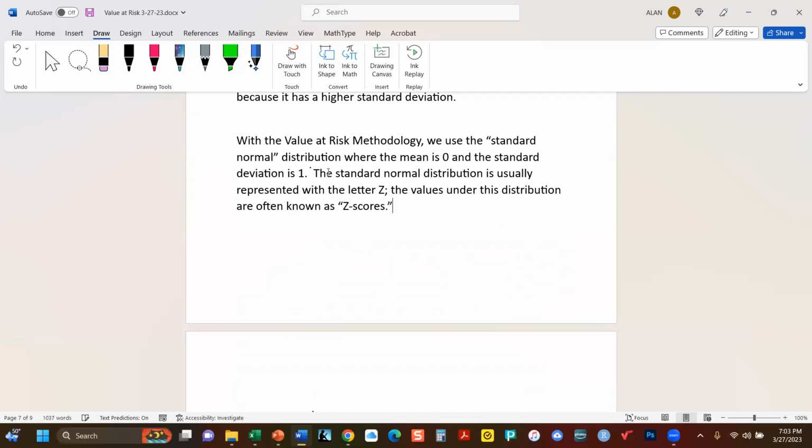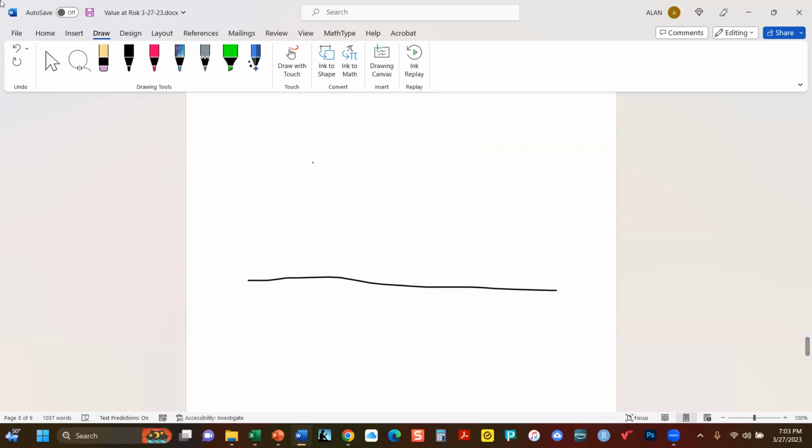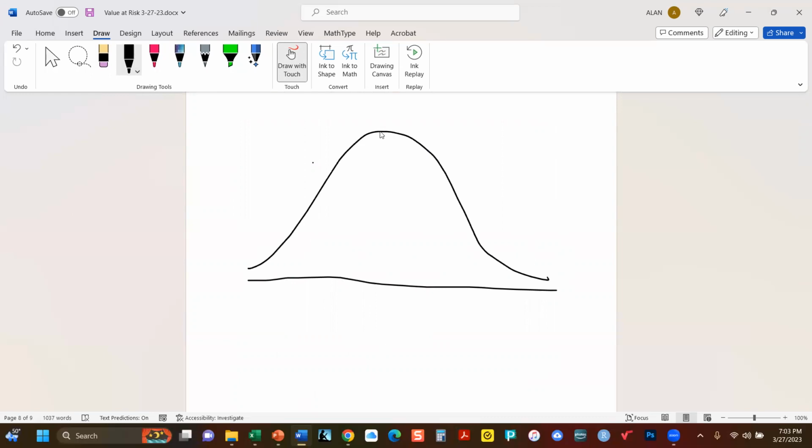The numbers that we'll be seeing are sometimes called z-scores. You may have heard of that term before. They represent locations under the standard normal curve. So let's say, for example, something like this: the center, the mean, is just 0.